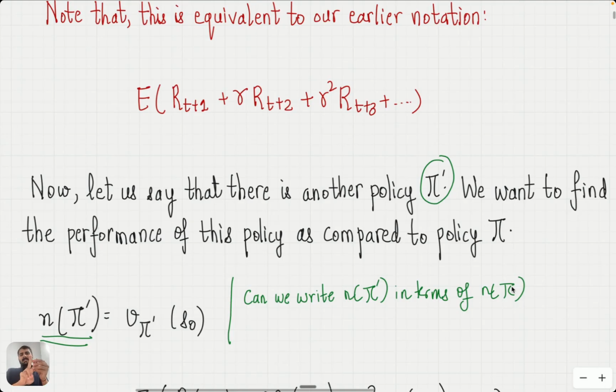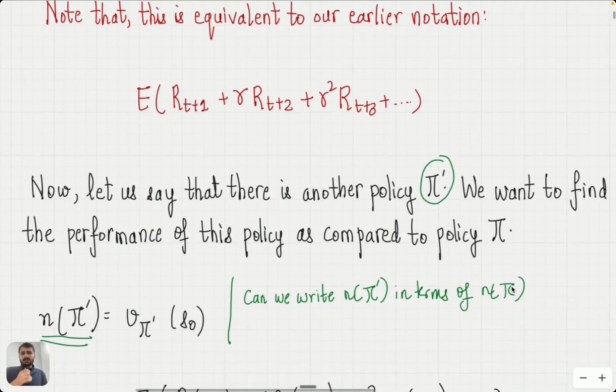So I have two policies, pi and pi dash, and since both of them are different policies, their performance measure is going to be different. Now the question that I am asking is, can I write down the difference between these performance measures in terms of a simple mathematical equation?